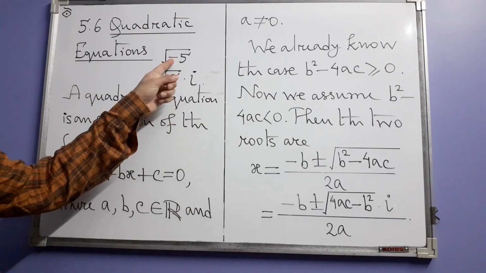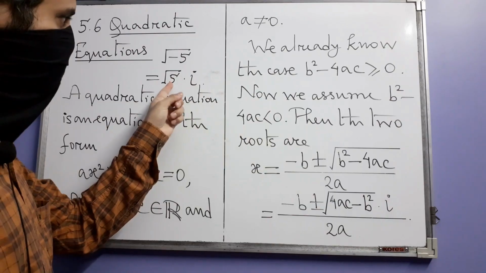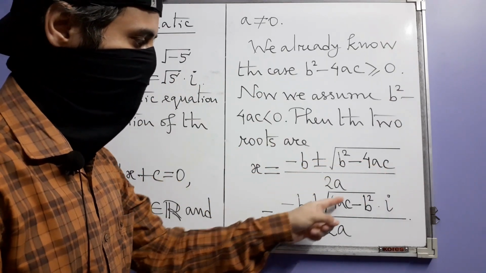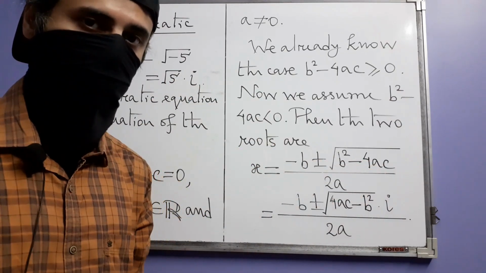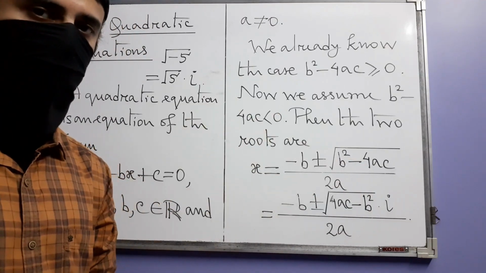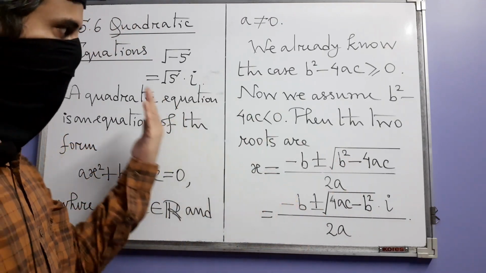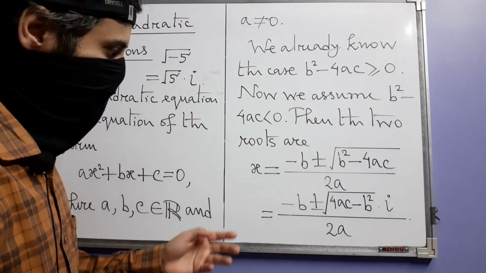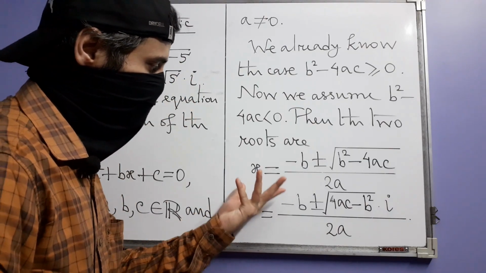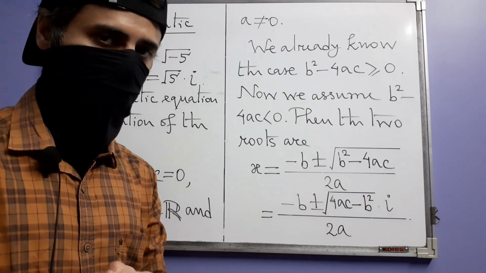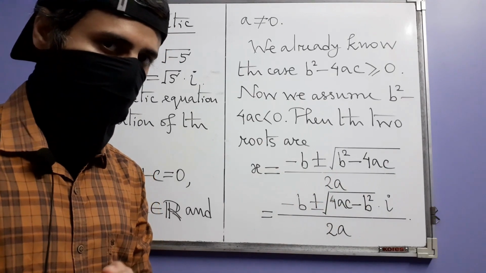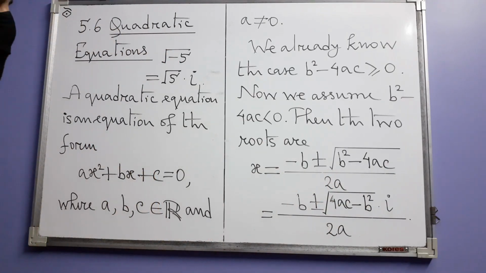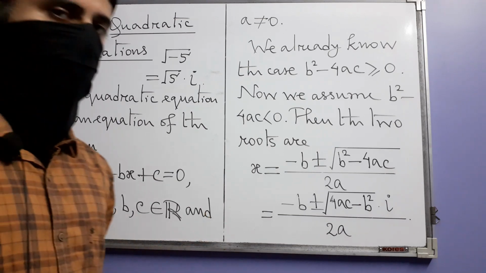So that's how in place of minus 5 we have 5. So in place of b squared minus 4ac we have 4ac minus b squared times i, because that square root of minus 1 gets separated and gives us the imaginary unit. So now the roots are non-real complex numbers. Okay, so that's the thing. So let us now see some examples.